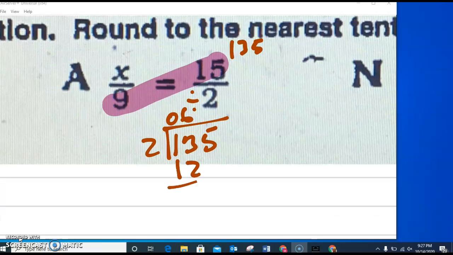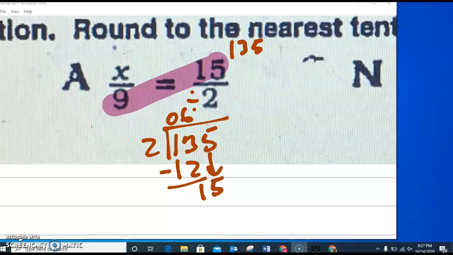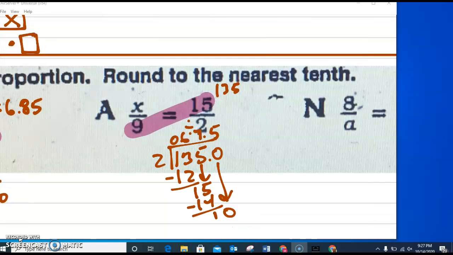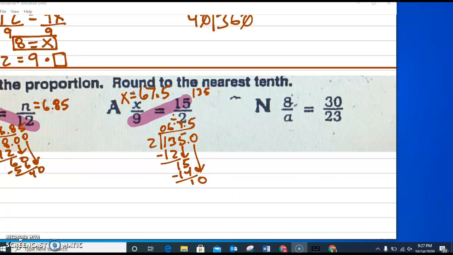It's 12. Subtract. Bring down that 5. 2 goes into 15, 7 times? It's 14. Subtract. Put a decimal. 0. And 2 goes into 10, 5 times. So that means x equals 67.5. Okay, I'm going to keep rocking and rolling here.